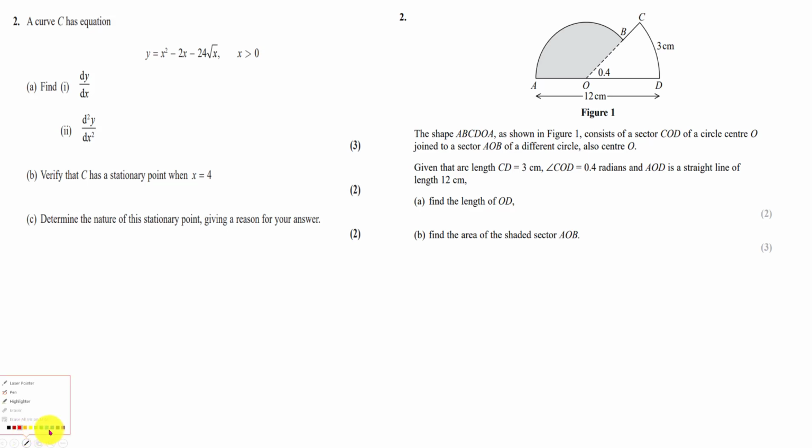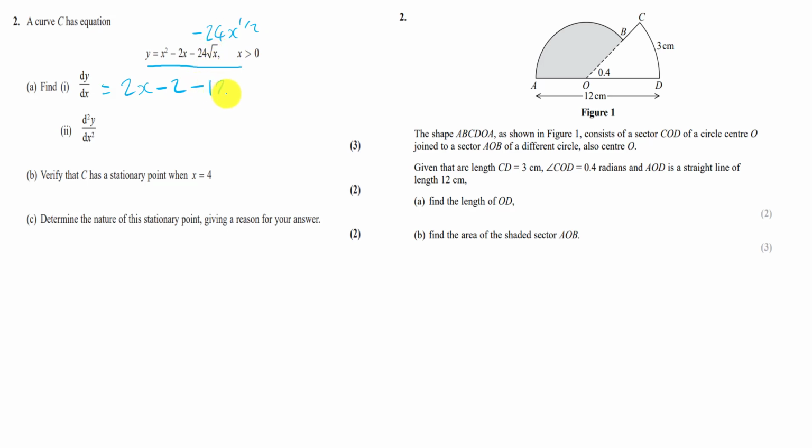Okay, so this is a very nice question. Find dy/dx. We should be hitting full marks on this. So that's going to be 2x minus 2. Now remember, this is minus 24x to the power of half, so that's going to be times by the power.